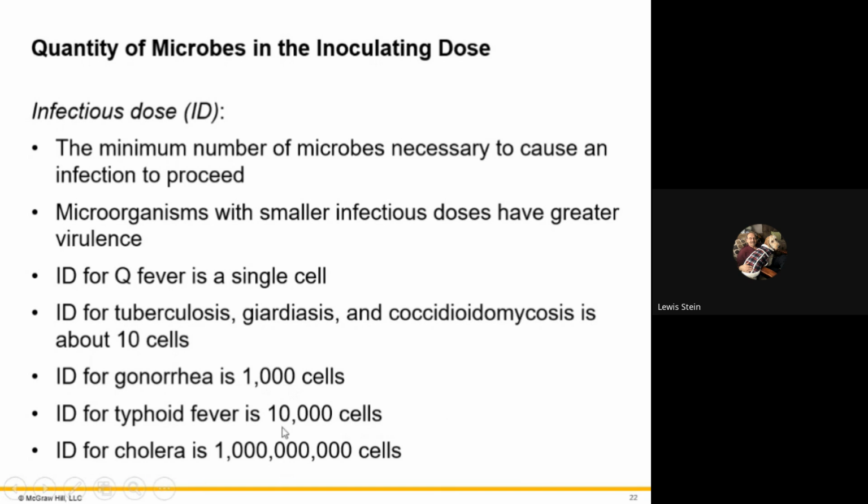Typhoid fever. This was Typhoid Mary. I think 10,000 cells isn't a lot. That's a salmonella infection. But cholera, look, 1 million cells. Was that 1,000 here, millions here? Was that 1 billion cells? Yes, it is. That's a lot of cells.